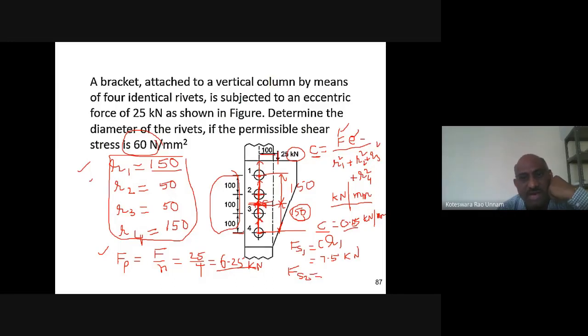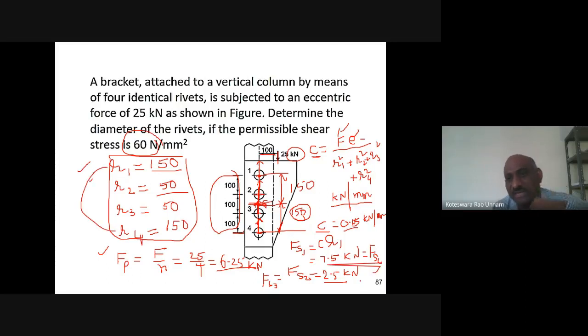Then similarly, what is your Fs2? C into R2. C is 0.05, R2 is 50. You will get 2.5 kilonewtons. Fs2 is the same as Fs3 also, because R2 is the same as R3, so 2.5 kilonewtons. Similarly Fs1 is equal to Fs4, because R4 and R1 are the same.